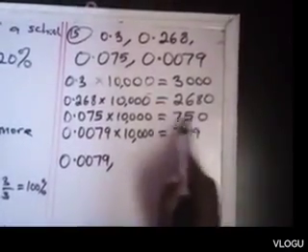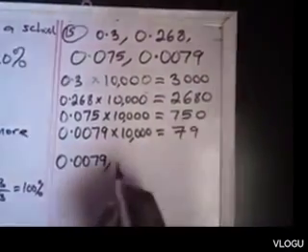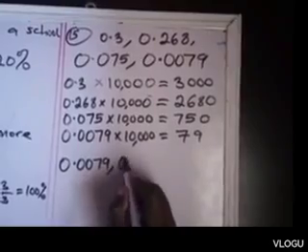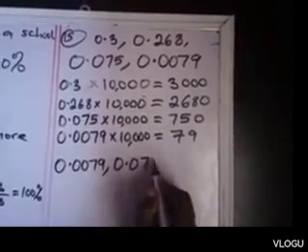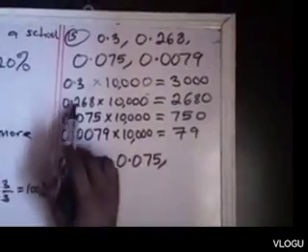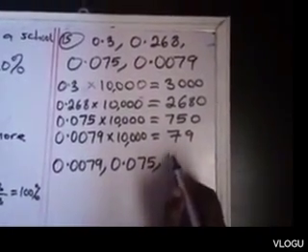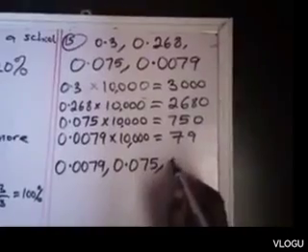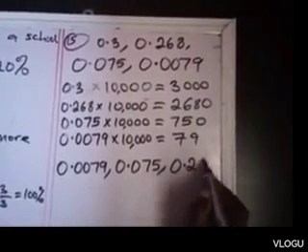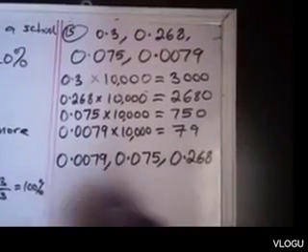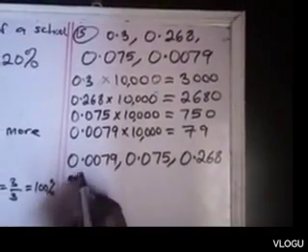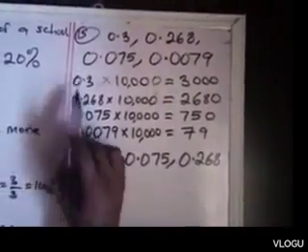The next one obviously is 750, so that will be 0.075, followed by 2680, and that is 0.268, and lastly 3000, which is 0.3.